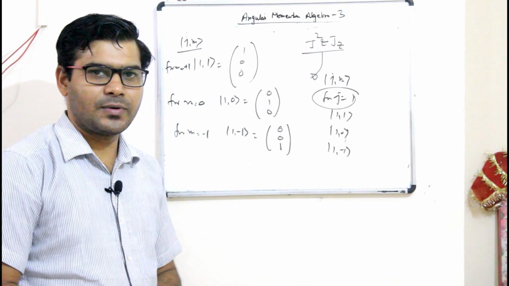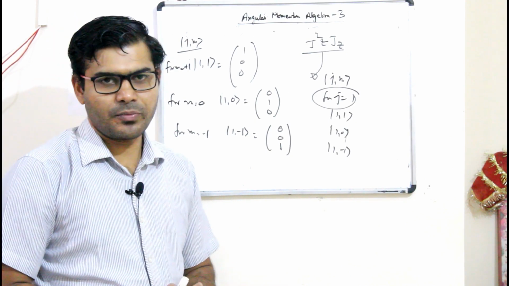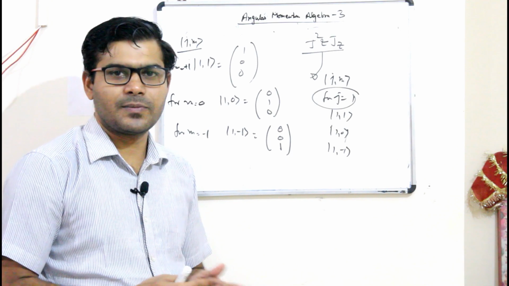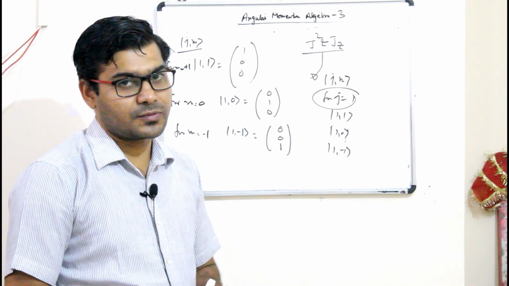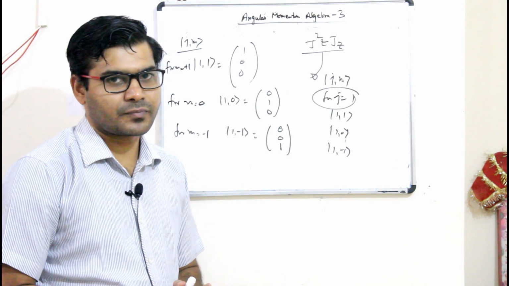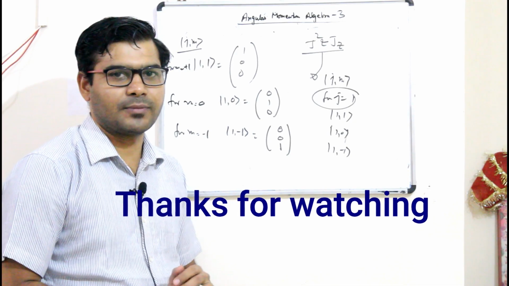So in this video we have learned how to write down the matrix representation of different operators, J square, Jz, J plus, J minus, Jx, Jy, and how to find their corresponding eigenstates. In the next video, we'll discuss more about angular momentum. Thank you so much.